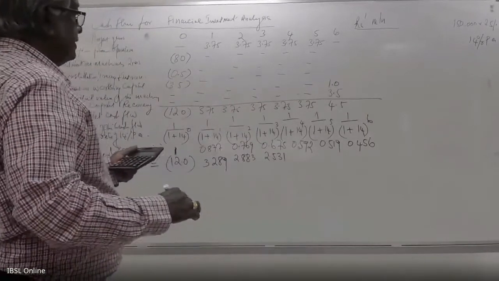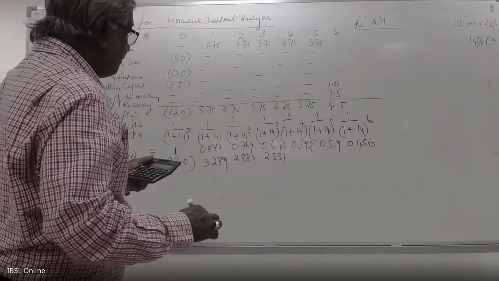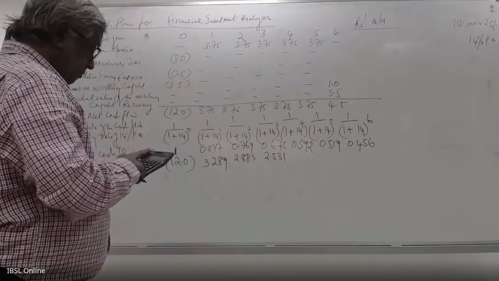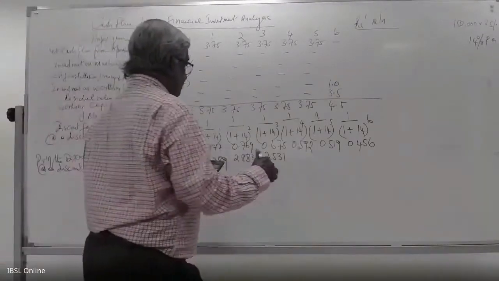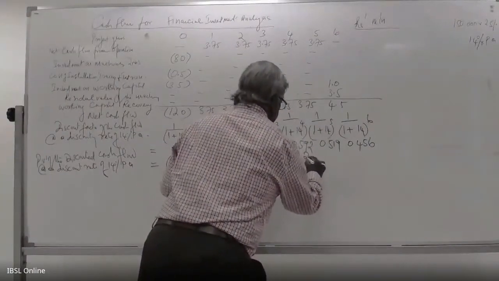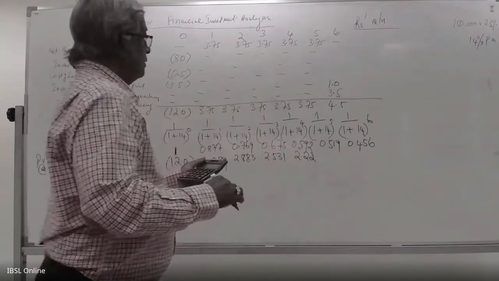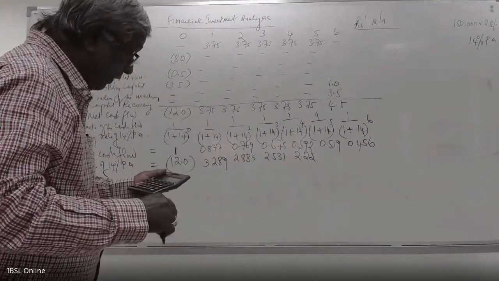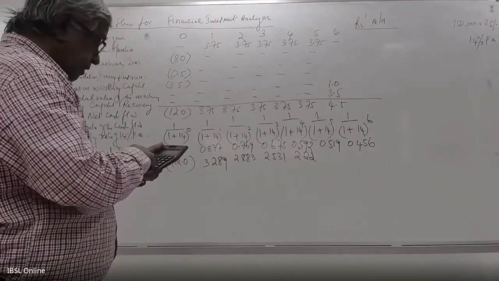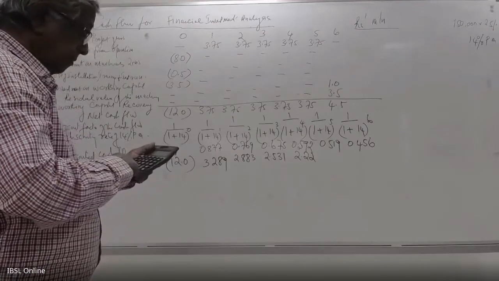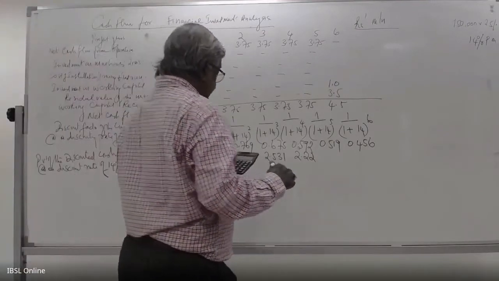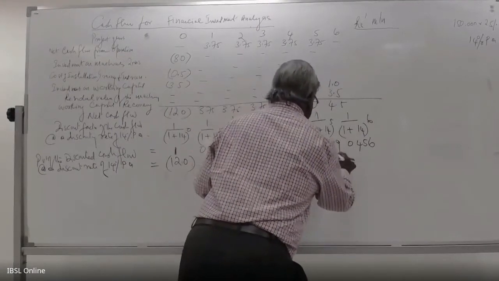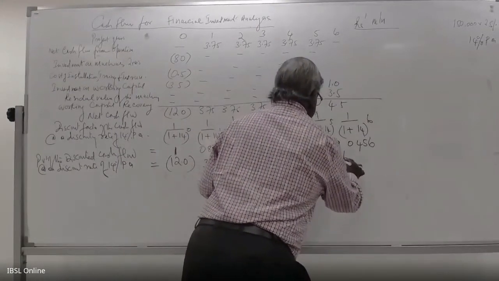And 3.75 multiplied by 0.592 is 2.22, 3.75 multiplied by 0.519 is 1.946.